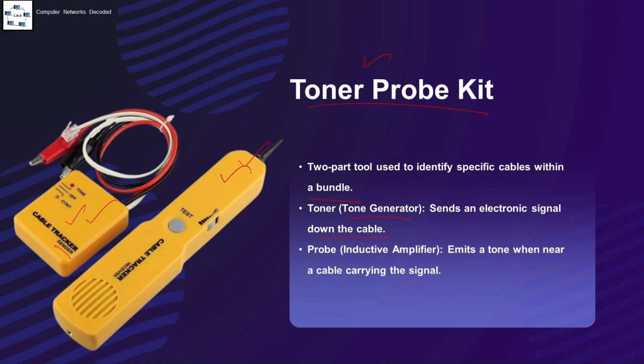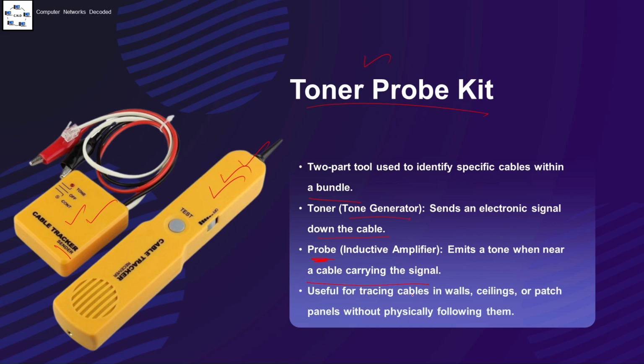And the probe, this one. So the probe or the inductive amplifier emits a tone when near a cable carrying the signal. So this also emits a tone when near a cable carrying the signal.